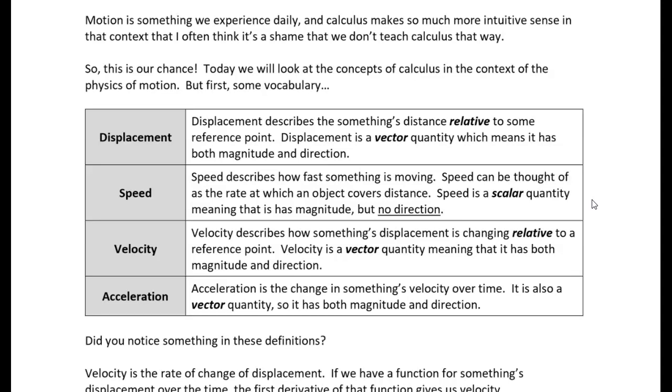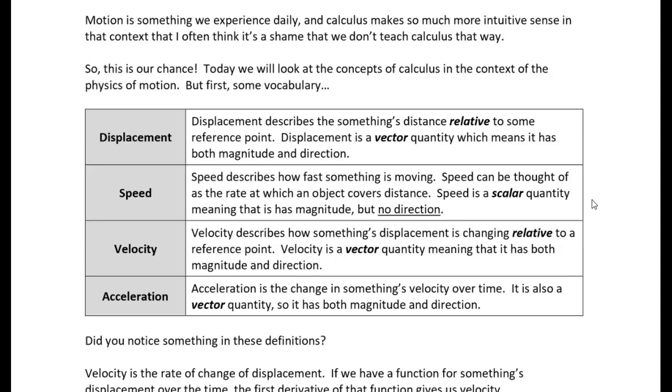Okay, so I think your book uses mostly distance, but in order to use only distance, they have to limit their discussion to only positive velocities. And so I'm going to use displacement, because I like displacement. Displacement is actually easier in the long run and more useful. So I'm going to use the term displacement in this lecture.